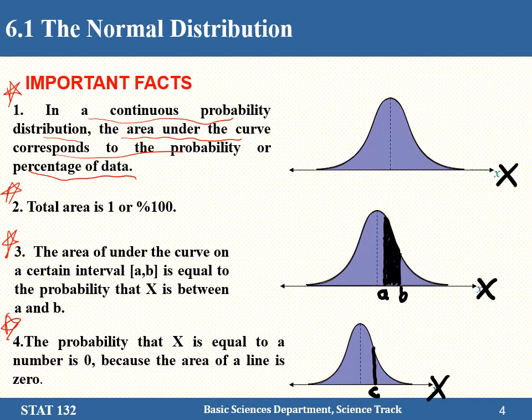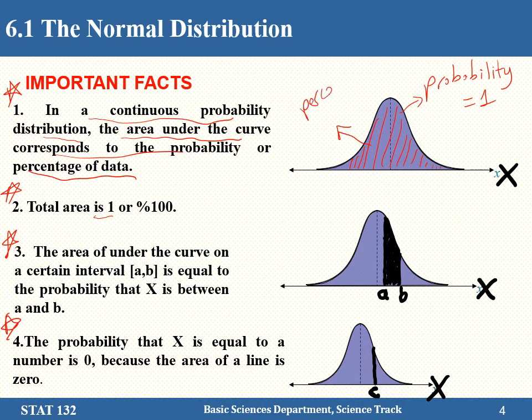The total area is, in terms of probability, 1. Or you can say the total percentage of the data is 100%.